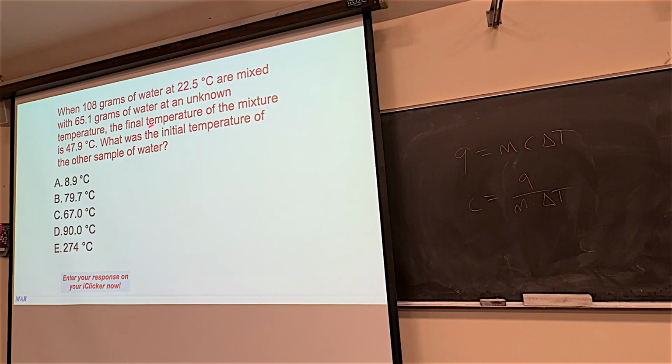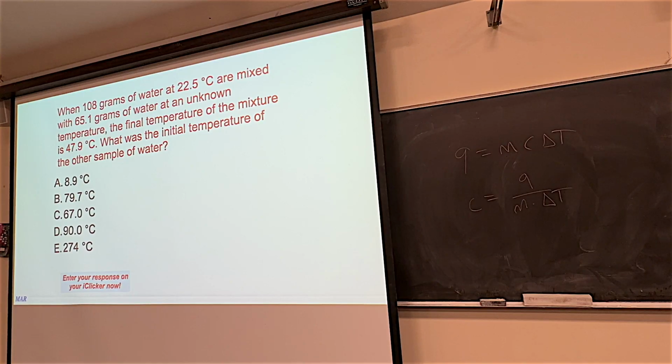One of them, we don't know what the temperature is, but when they're mixed together, the final temperature is 47.9. Now, notice that 47.9 was larger than 22.5, so that implies that the other water sample is the hot one. It'll have a temperature higher than 47.9. So see if you can use this information to calculate the initial temperature of the other sample.